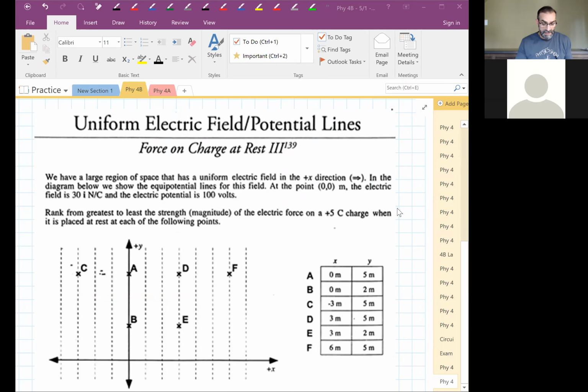It says rank from greatest to least the strength, the magnitude of the electric force on a plus 5 coulomb charge when it's placed at each of the following locations. So we want to know the force, the magnitude of the force on that charge placed at each of those locations.